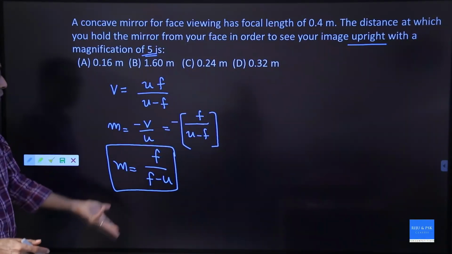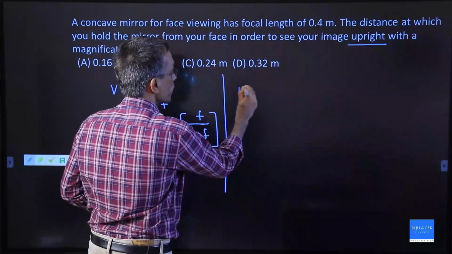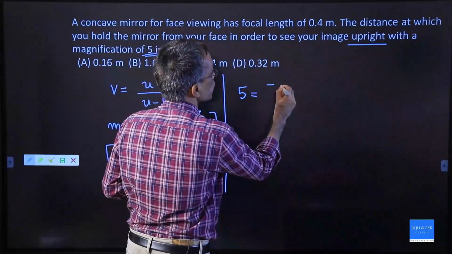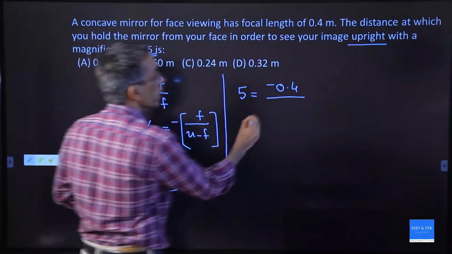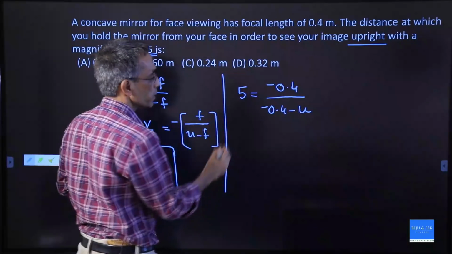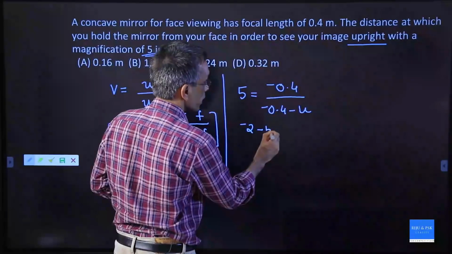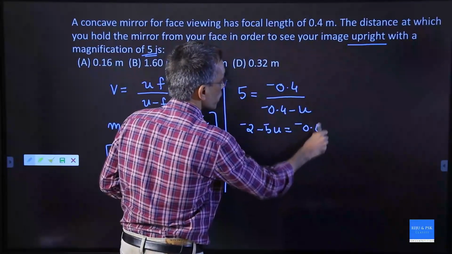Substitute the value and find out u. What is the magnification m given? m is given as plus 5 equal to, what is f given? f is given as minus 0.4 divided by, what is f again? Minus 0.4 minus u. Let us solve it. 5 into (minus 0.4 minus u) is minus 2 minus 5u equal to minus 0.4.